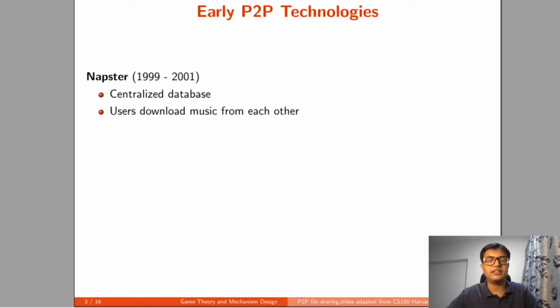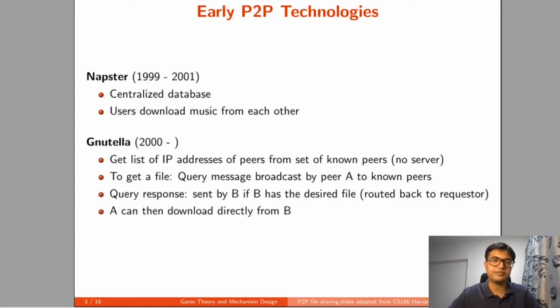This is the purpose of maintaining that database. Whenever some user was trying to find some music, they were contacting those other users who had that music, and they were downloading it. The reason for closing down was primarily because some of this music was copyrighted, and there were violations in terms of this peer-to-peer file sharing.